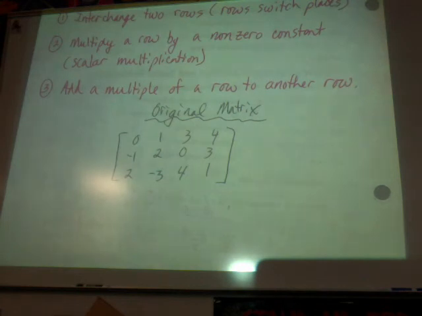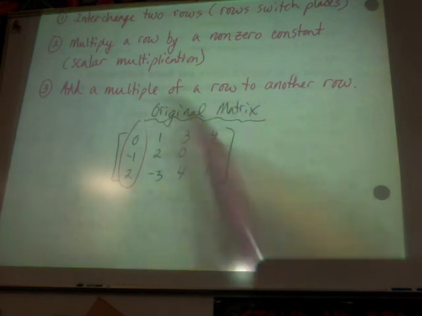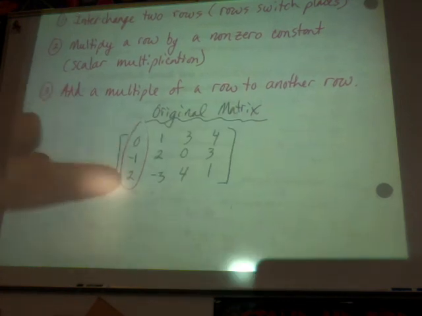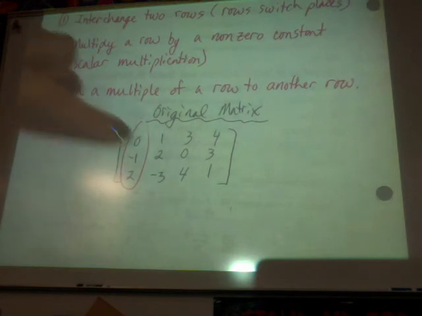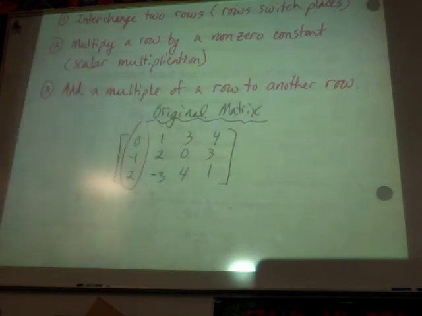I'm going to concentrate on this first column. I want to get 1, 0, 0, because I want to get a 1 on my diagonals. Even though we have an extra diagonal, we won't let that bother us here.